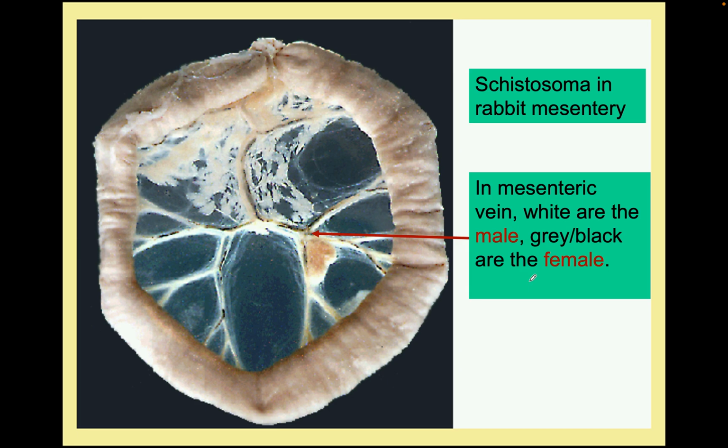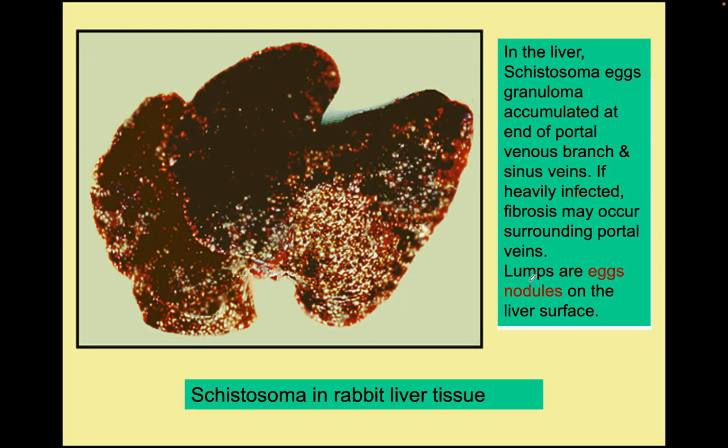You cannot see the males clearly because their color is whiter, and the gray and black ones are the females, which are much easier to see. And these are the adults living in the mesenteric veins.